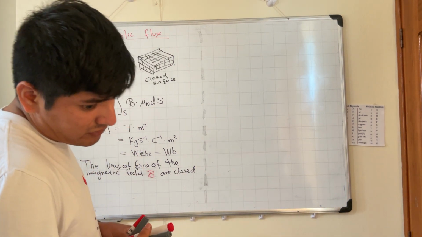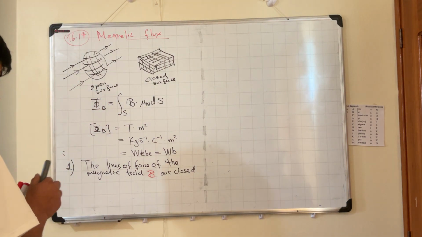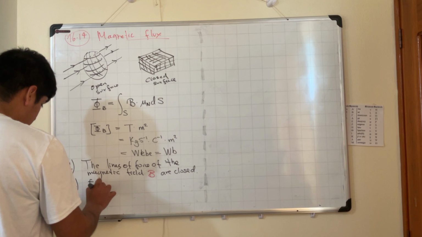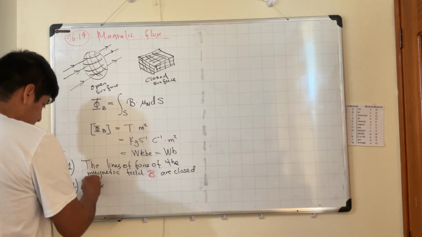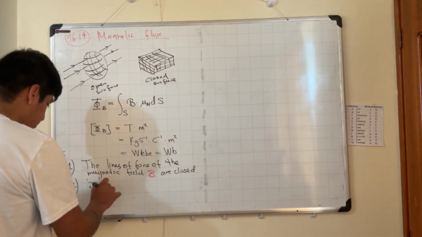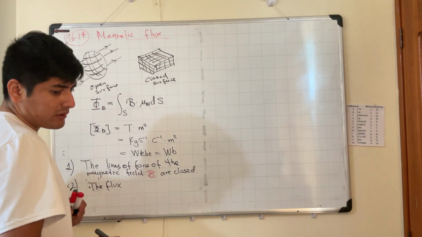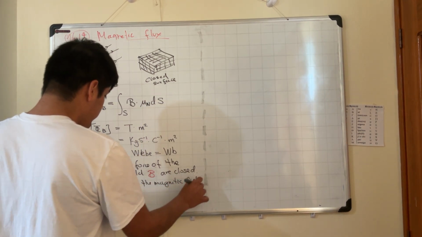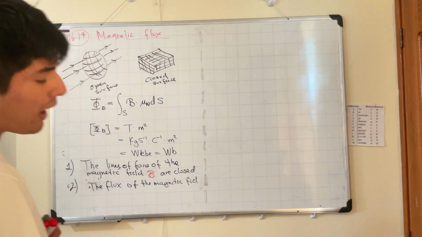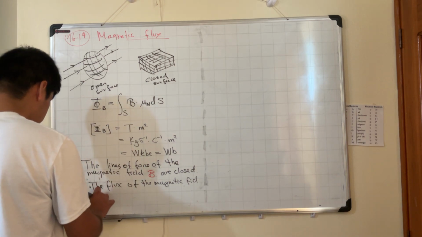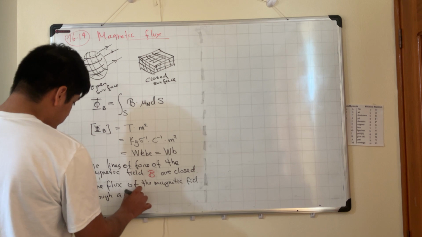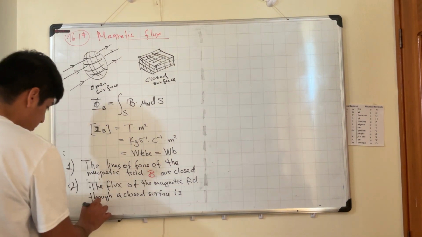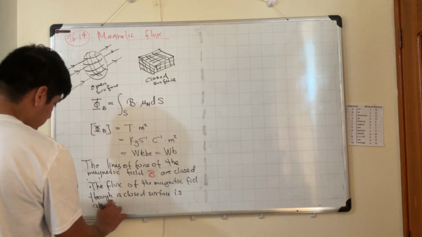But also, this is one fact. The second fact is that the flux of the magnetic field through a closed surface is zero, is always zero.